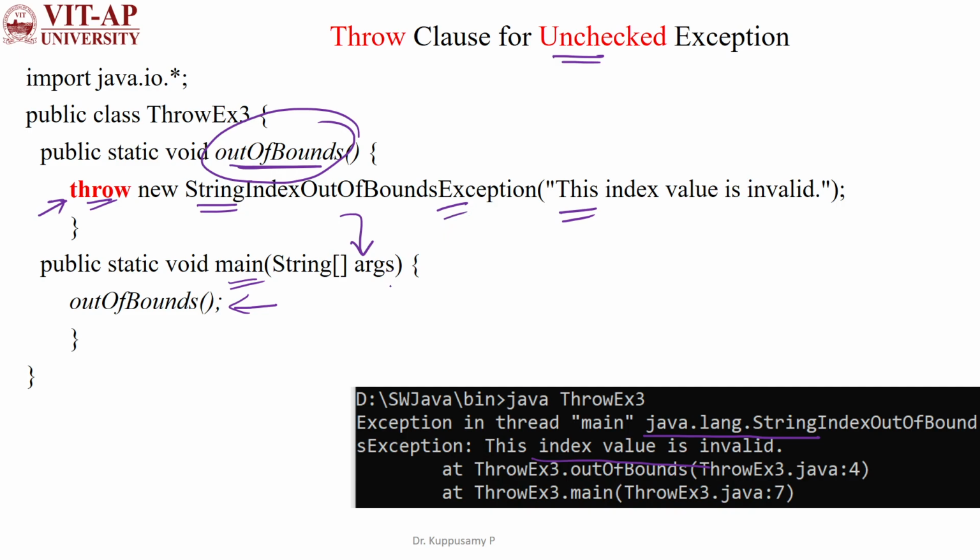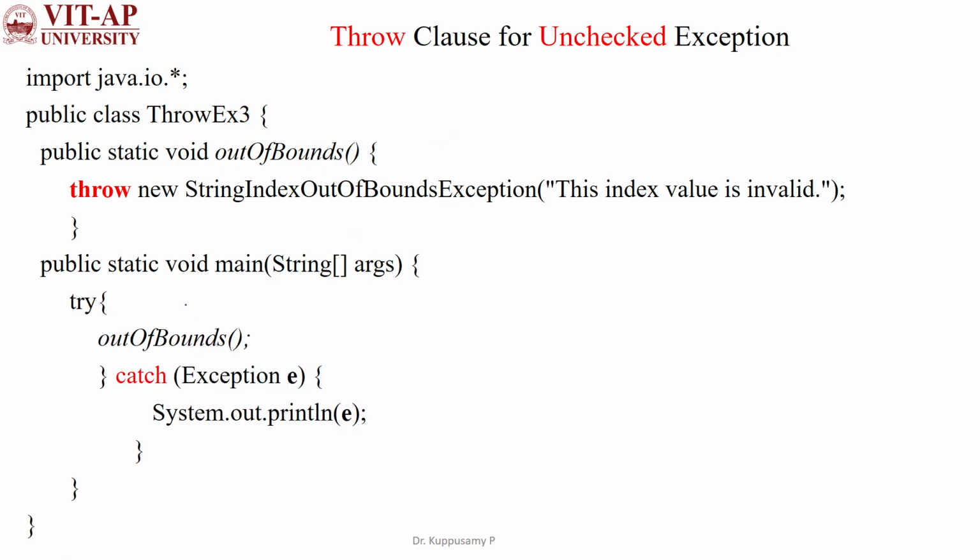How do we handle this? Here we can handle this by introducing the try catch block, either here or inside the method itself. So I am using the next example here. I am using the throw keyword to throw the exception, the StringIndexOutOfBoundsException, and handling it in the main method by using a try block.